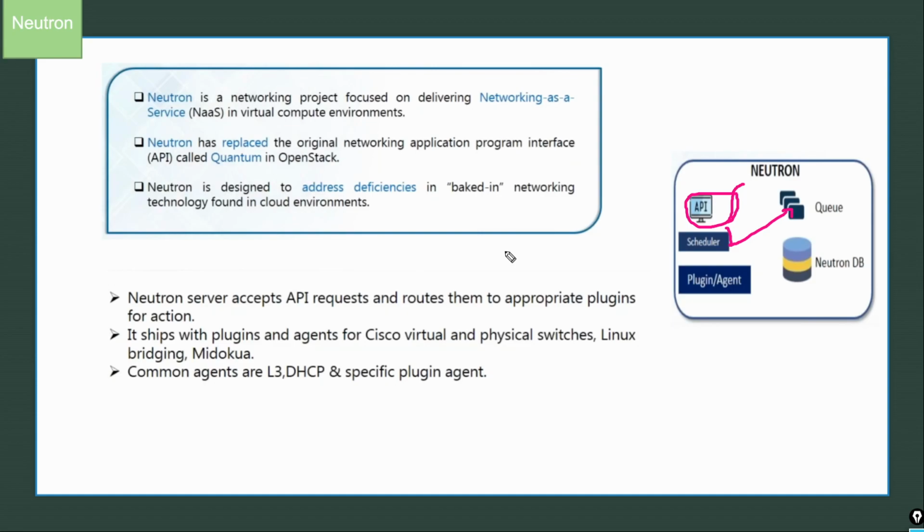Neutron is a networking project focused on delivering networking as a service, they call it NaaS, in virtual compute environments. So this is the networking part, and in the next videos in Horizon, we're gonna set IP addresses and subnets, and connect the routers to each other via Neutron.